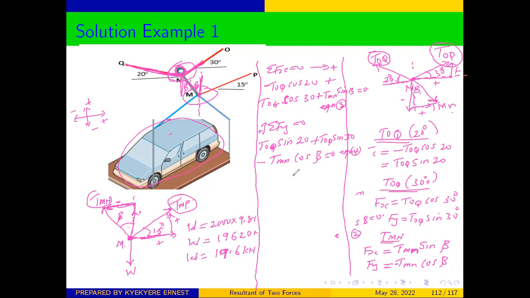Now, once you have been able to reach this point, we are far ahead. The next thing is to be able to solve these equations to get our forces. Now you can see that we are having 4 equations with 4 unknowns.